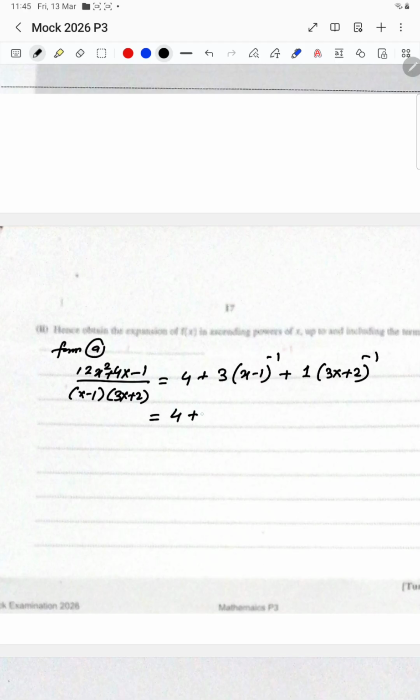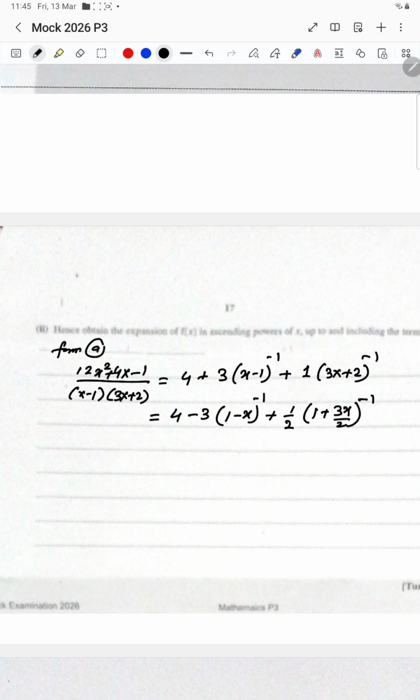So it becomes minus 3. If I take minus common from here, 1 minus x power minus 1, it becomes minus 3, and here I will take 3 common. This becomes 1 by 3, and 1 by 3 is 2 common, 1 by 2, 1 plus 3x by 2 whole power minus 1, right?